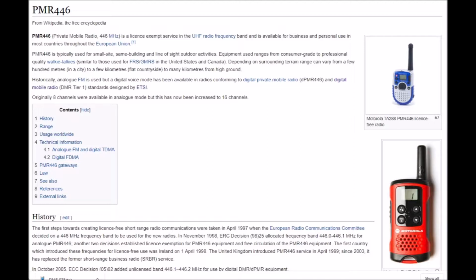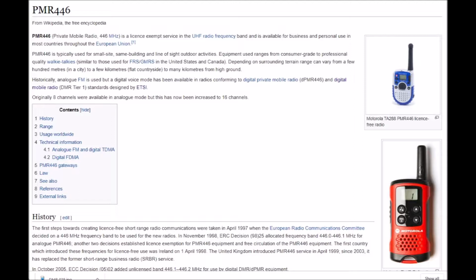I'll begin quickly. PMR 446, private mobile radio, 446 megahertz, is a license-exempt service in the UHF radio frequency band and is available for business and personal use in most countries throughout the European Union. PMR 446 is typically used for small site, same building, and line of sight outdoor activities.